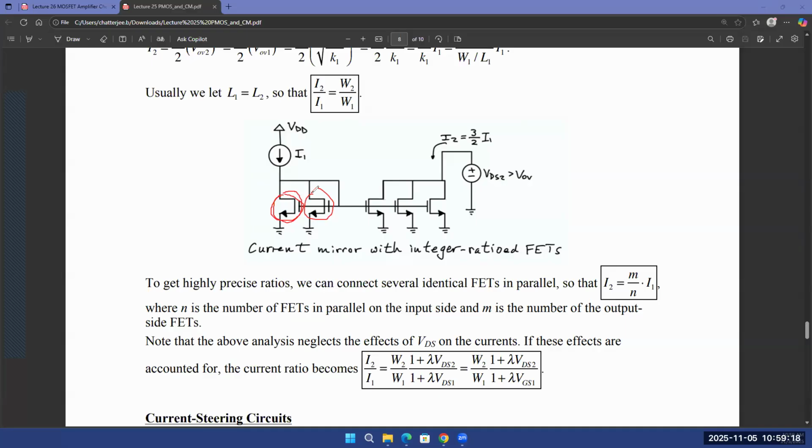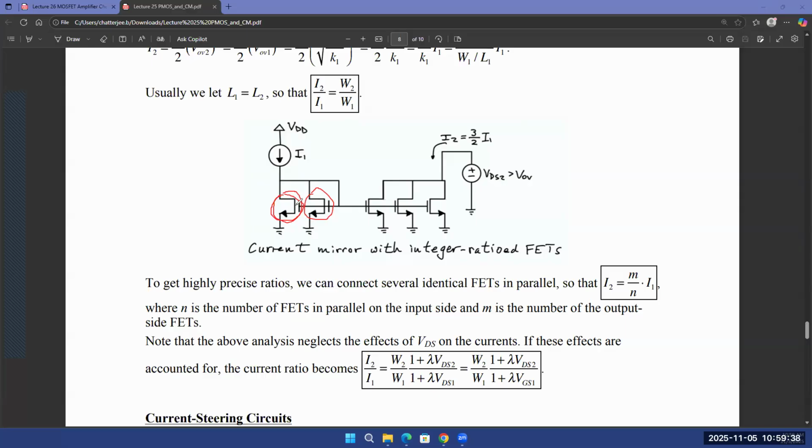But if the technology does not allow that, let's say the technology says you always have to have 100 nanometer width of the transistor because that's what my foundry can fabricate, and the foundry cannot fabricate anything other than 100 nanometer of width. You can have two of them in parallel and create a 200 nanometer width. You can have three of them in parallel, creating a 300 nanometer width.